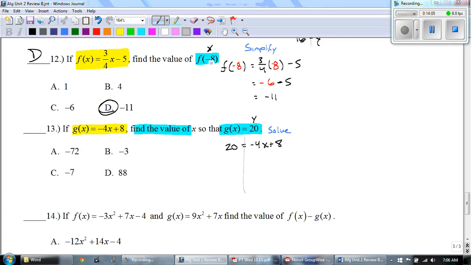I want to solve for x, so I'm going to subtract the 8 to the other side. 20 minus 8 is 12. Now I know that I'm dividing a positive by a negative, so I'm going to have a negative answer. 12 divided by -4 is -3.